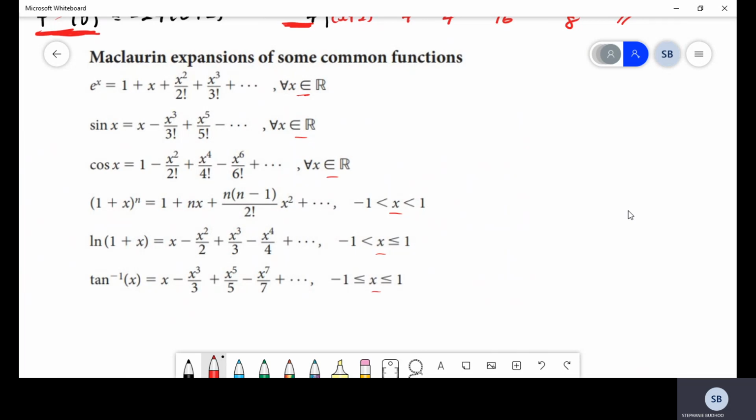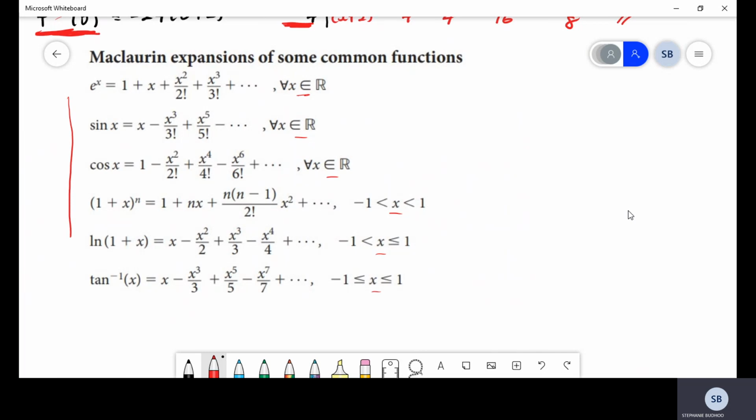Now, what if they gave you the functions in the form of e to the x or sin x or cos x, or any of these forms on the left-hand side here? Then instead of actually working out the full derivatives step by step, you can just use these already worked out solutions.